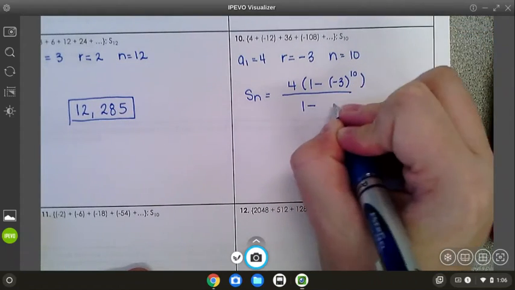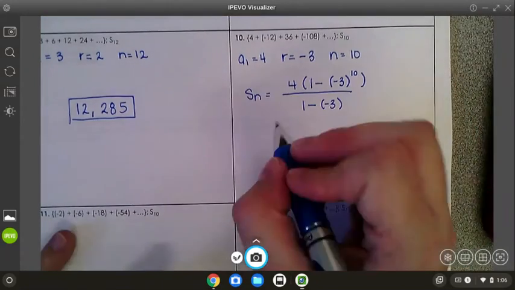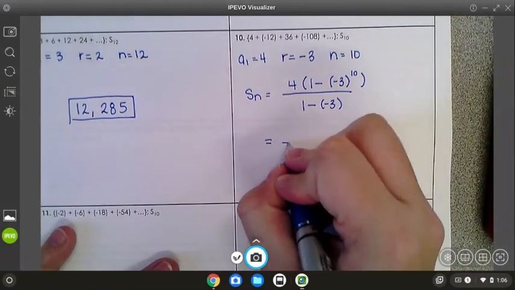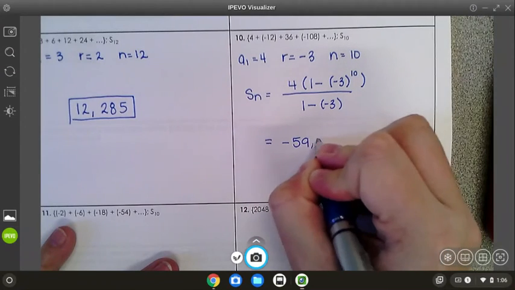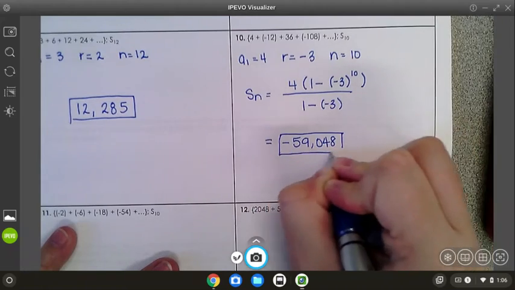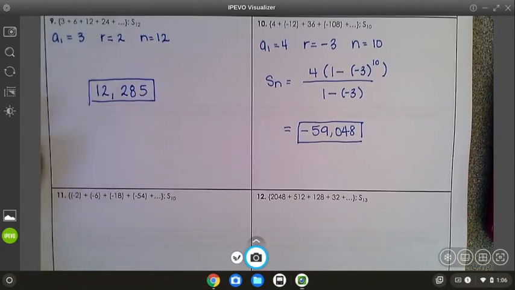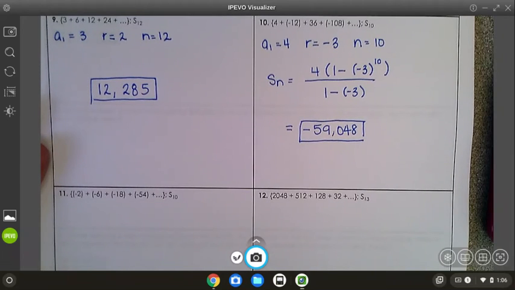Otherwise, you would have gotten the wrong answer. So the negative 59,048 is what you should have got.